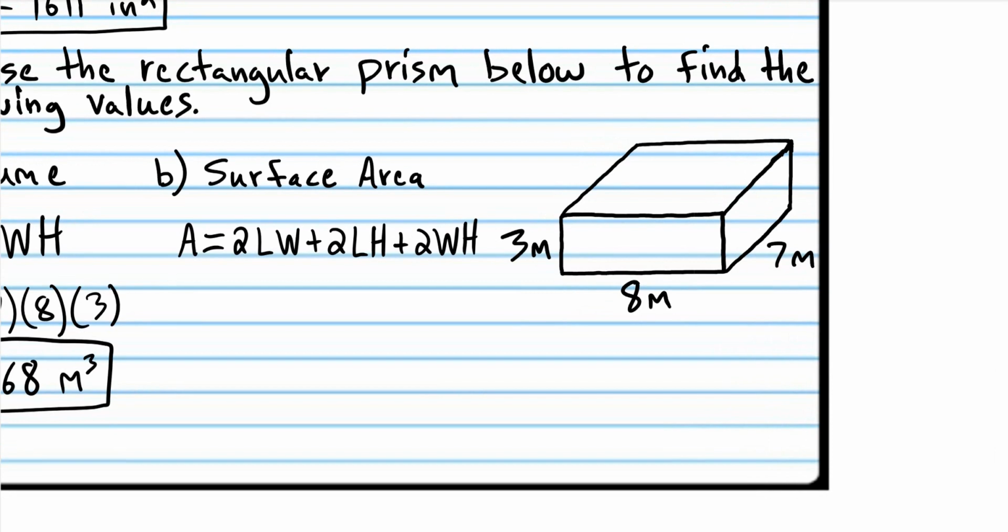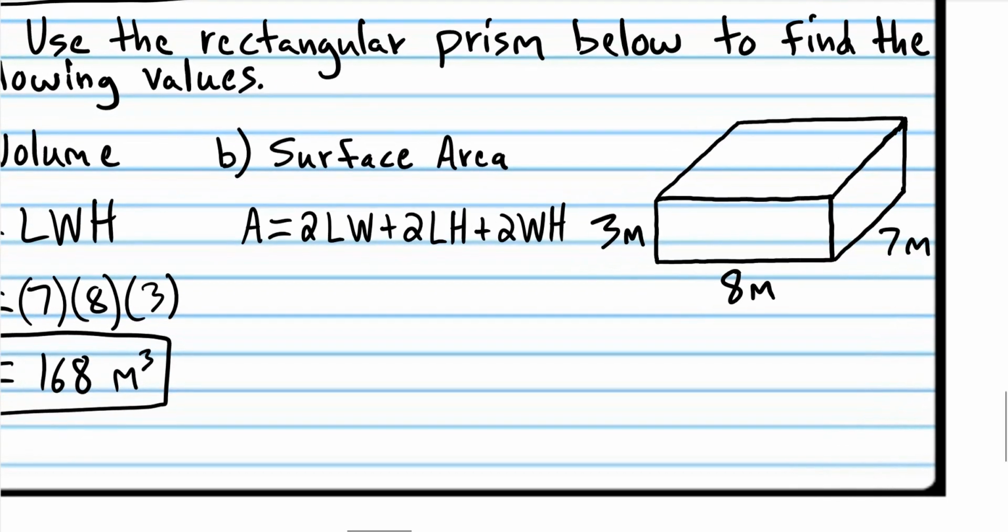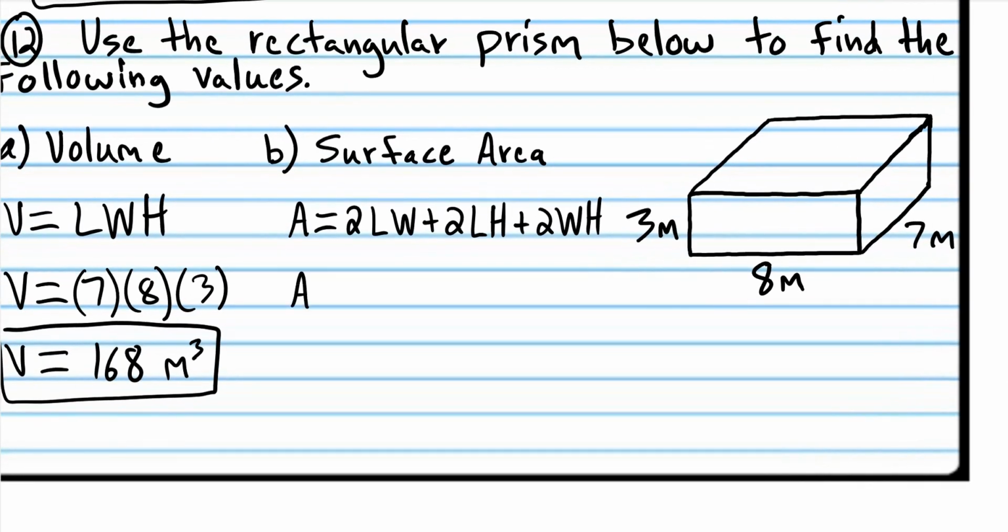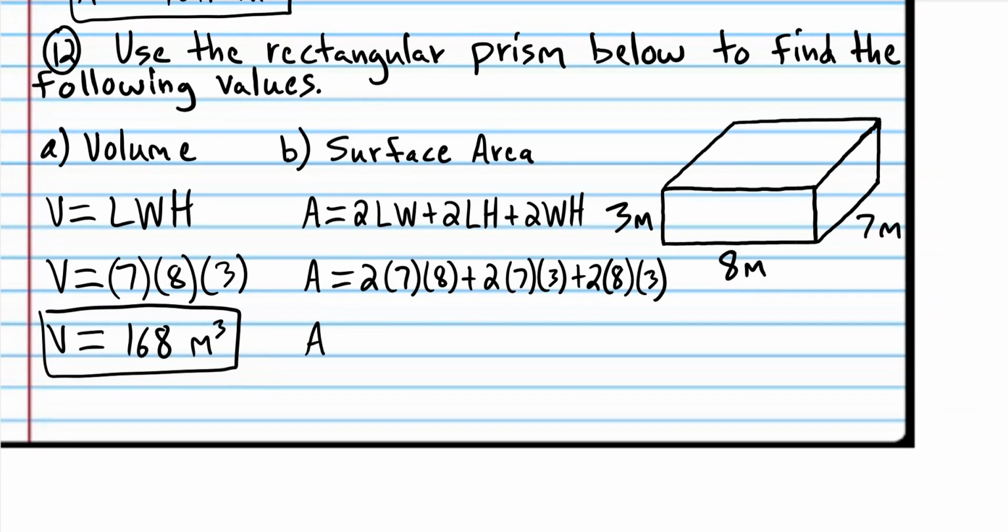So now we just need to plug in numbers. So the length is 7, the width is 8, the length again is 7, the height is 3, and the width is 8, and the height again is 3. So now we just calculate, and you can use a calculator if you want.